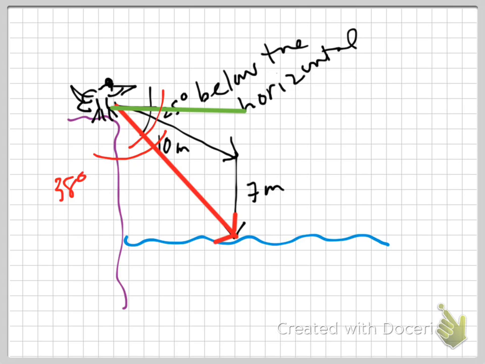You could describe the motion with regards to the water. Here's the one problem you have with that. If you decide to describe this angle and use a relationship to the water, you're describing this angle, which means you're describing motion going this direction.